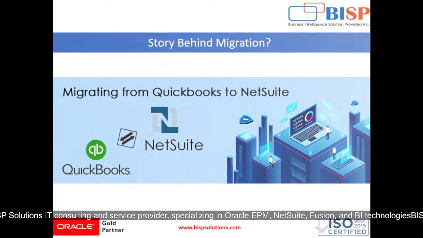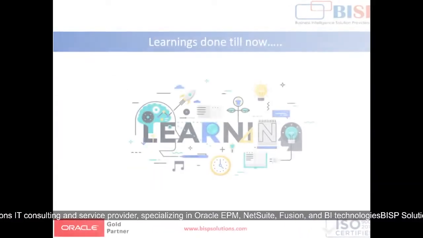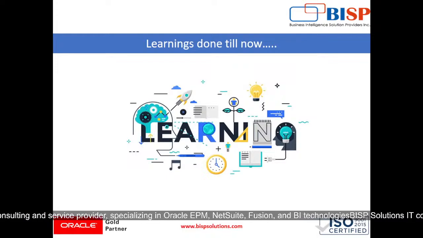So the learnings we have done till now are why we are doing data migration, the benefits of NetSuite, the limitations of QuickBooks, and the project scope we have discussed.